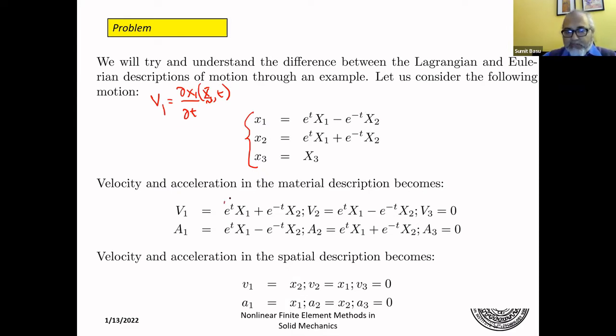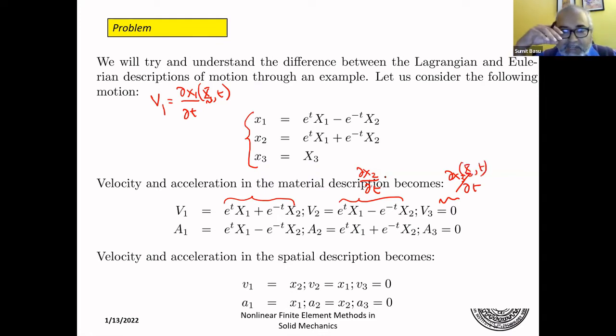That's what I got. So this is del x1 del t. Then I'll do del x2 del t, which will be e^t X1 minus e^(-t) X2. So this is del x2 del t, and it's a function of capital X. And x3 is not a function of time, so V3 would be equal to 0. So this is del x3 del t, and these are functions of time.